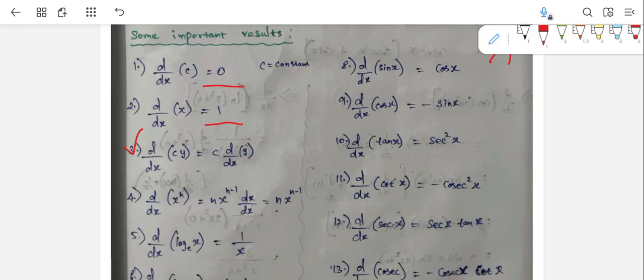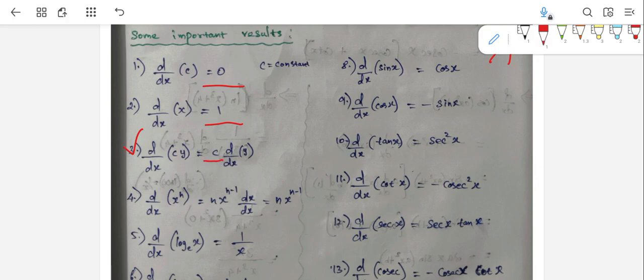But here it is multiplied, for example 4x. Here 4 is a constant, but x is not a constant, right? It's a variable. So if you are getting d by dx of 4x, you can't put 0. At that time what you should do is keep the constant outside, as I have written here.